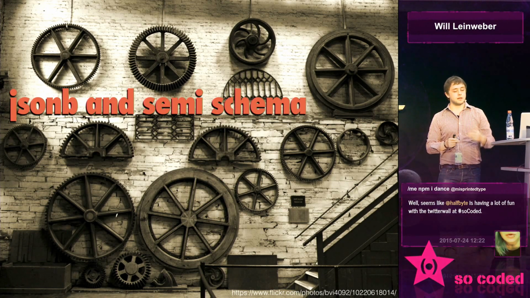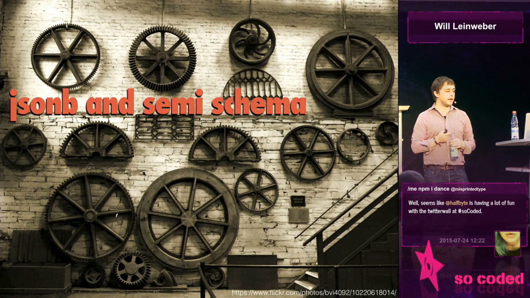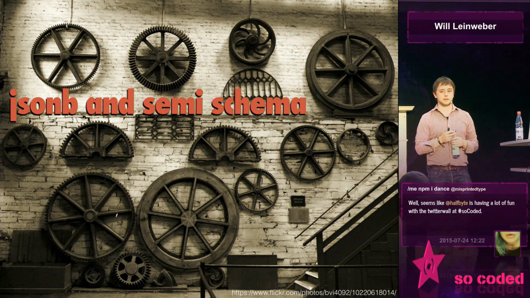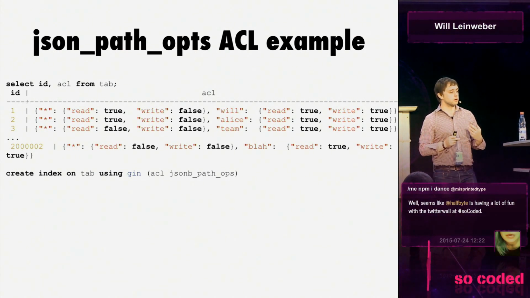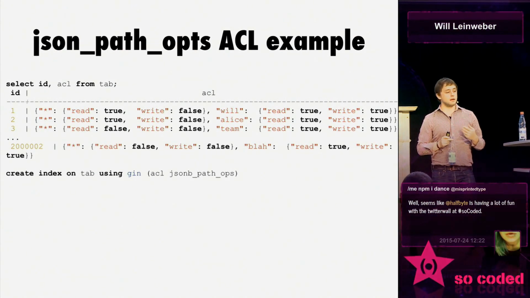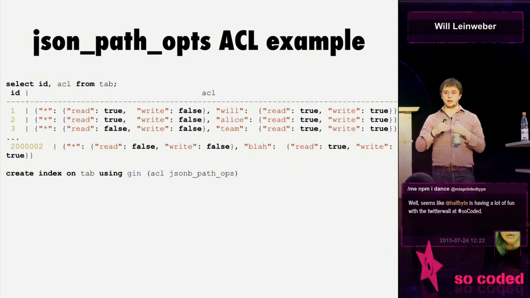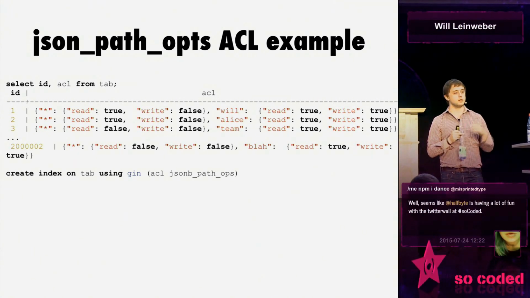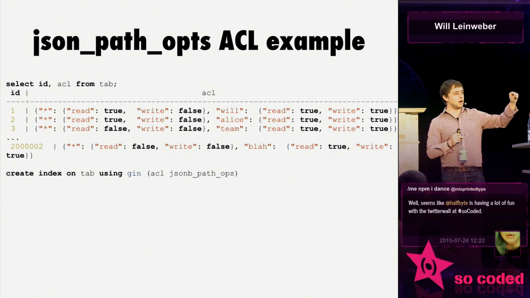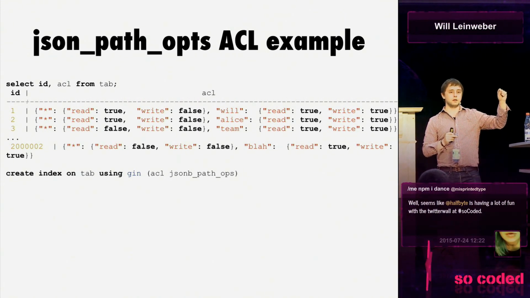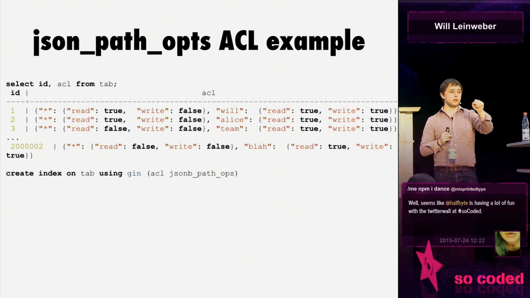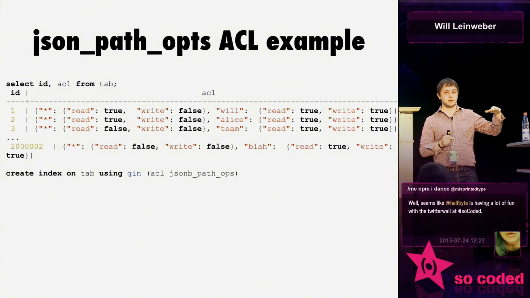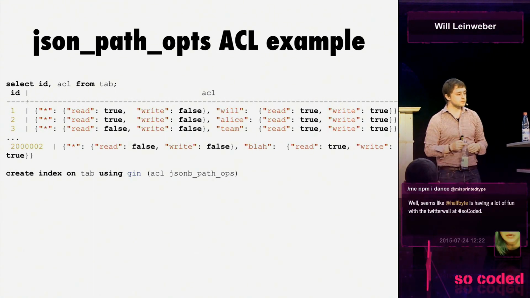developer-friendly JSON interface. And so the B actually stands for binary, but I like to think it stands for better. One of the things that you can do with JSONB: I was working on a project recently that had an access control list represented here as these JSON things, where the star means anyone can read, but not anyone can write. But me, Will, I can read and write, and my team can read and write. But these other documents in here have different permissions.